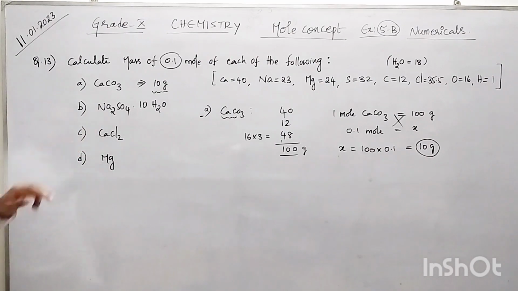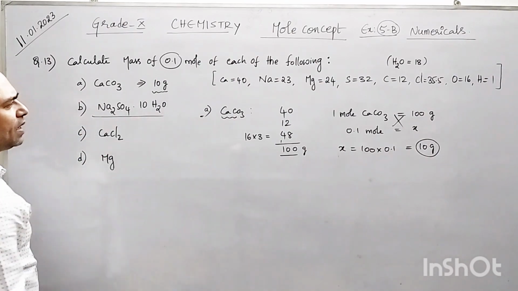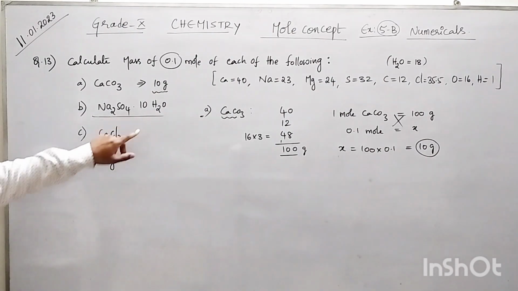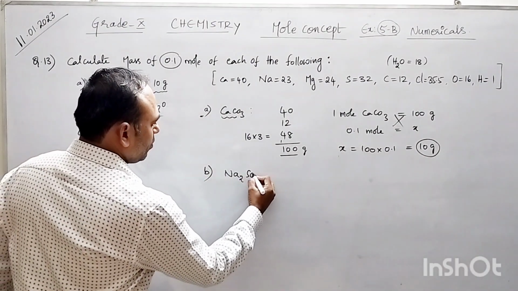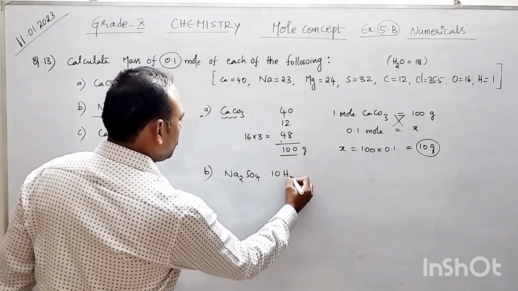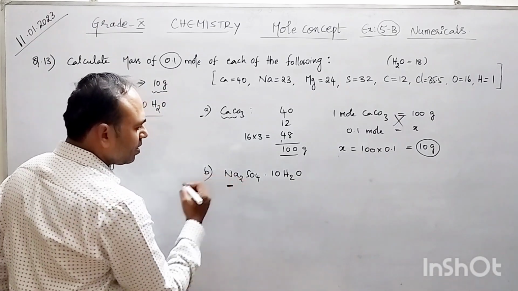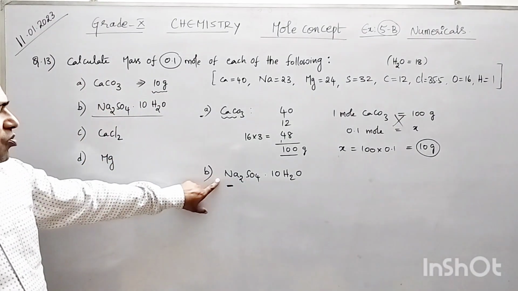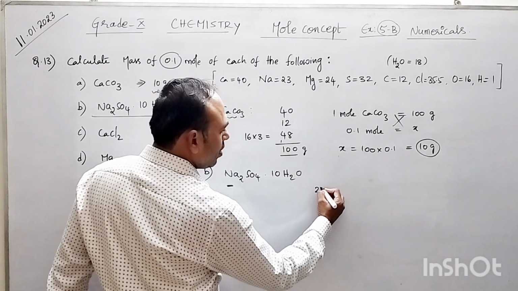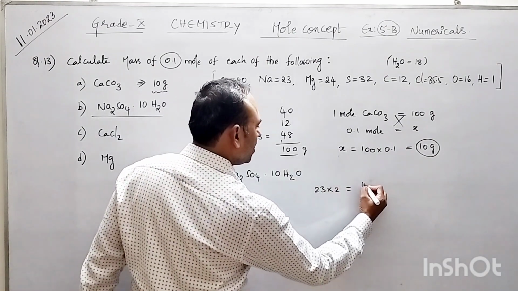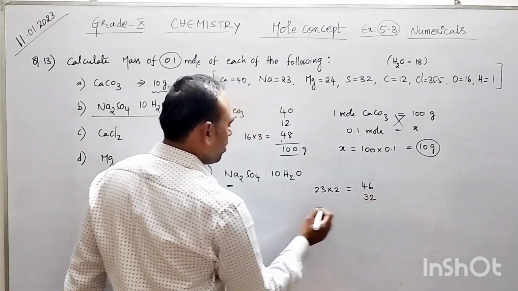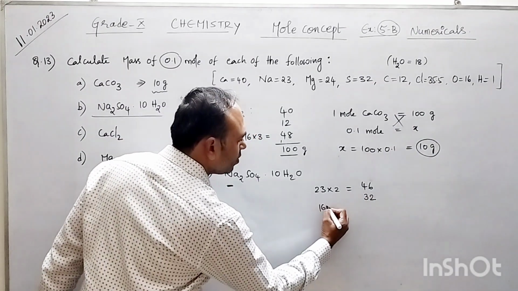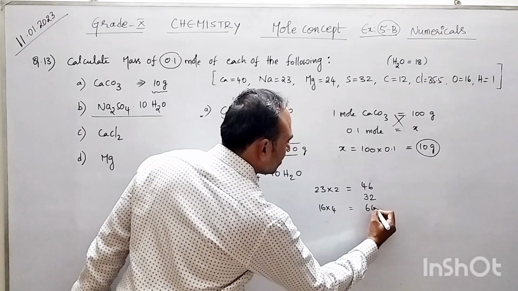Now the second one, sodium sulfate decahydrate. Straight away you can calculate the molecular mass of Na2SO4 dot 10H2O. Sodium atomic mass is 23, so 23 into 2 is 46. Next sulfur, you have 32. Oxygen, 16 into 4, we get 64.